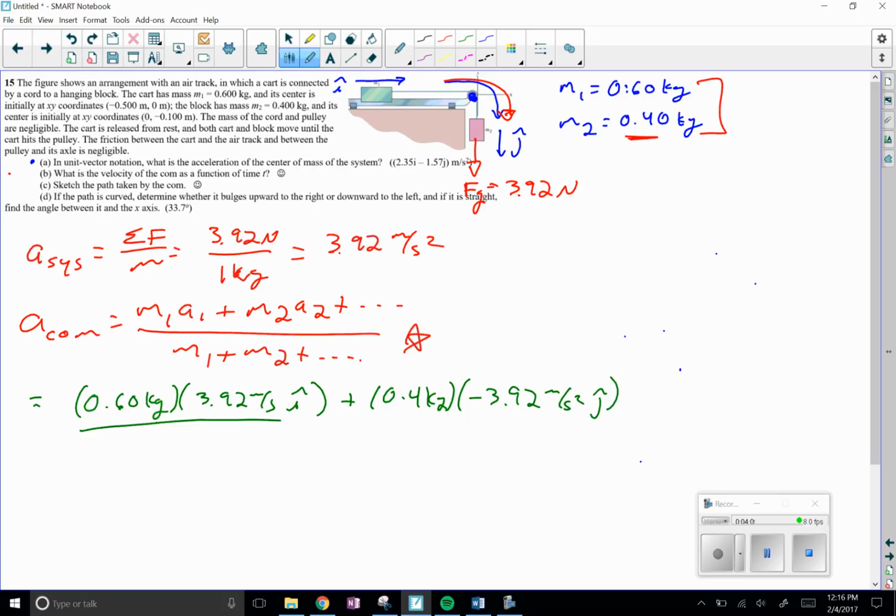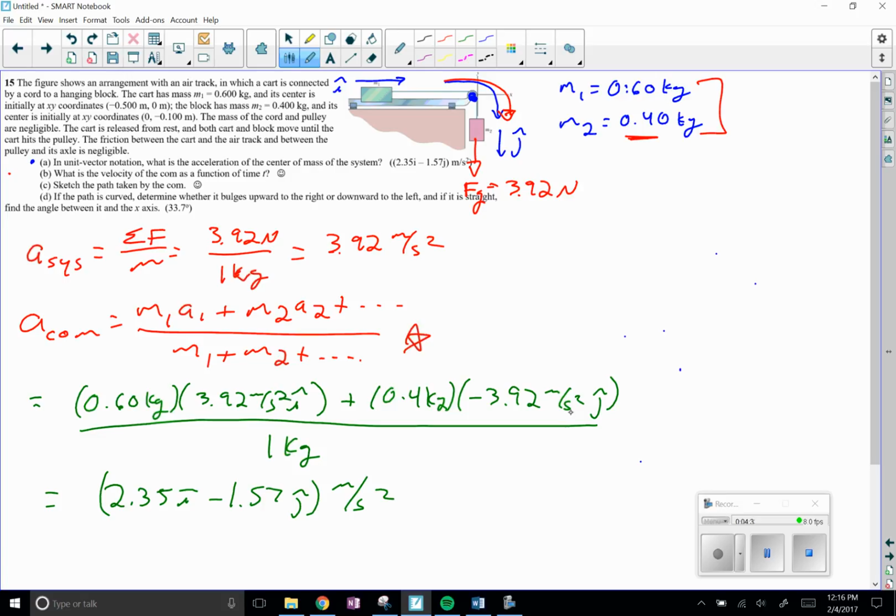Then divide that whole thing by my total mass, which is 0.6 plus 0.4, or 1 kilogram. So kilograms cancel out, and we get the answer that's there on the sheet: 2.35 I minus 1.57 J meters per second squared. Oh, sorry, I forgot my squared here. Okay, so there's your acceleration.